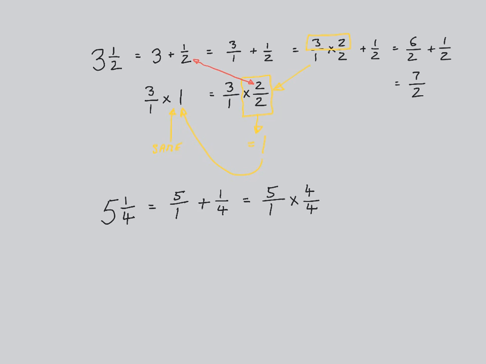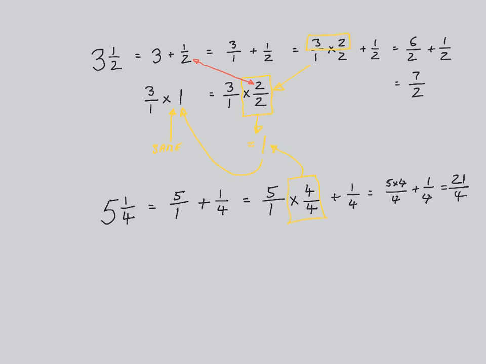And this, of course, is still just 1. So we haven't changed anything. And we add the quarter. And this time we get 5 times 4 over 4 plus 1 over 4, which is 21 over 4. And this is how all fractions work.